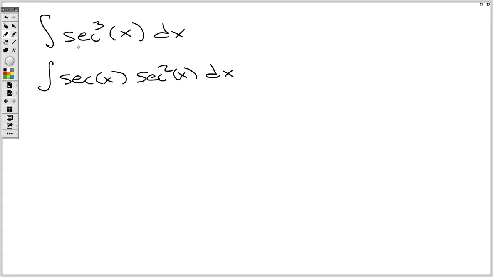If you try parts as is, you might want to let u be all of secant cubed, dv is dx, and then you find your du and your v make things a lot more complicated. So let's split this off, and now we've got trig versus trig, right? We got two trig functions. I'm going to let u be this and dv be that. Why? Because this is easy to integrate.